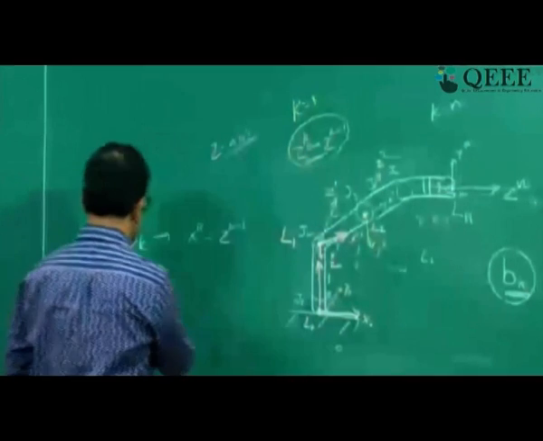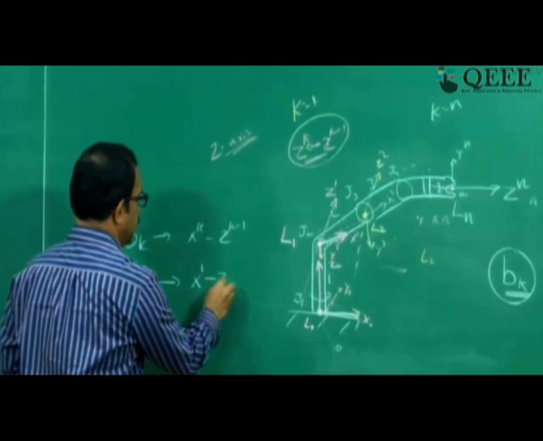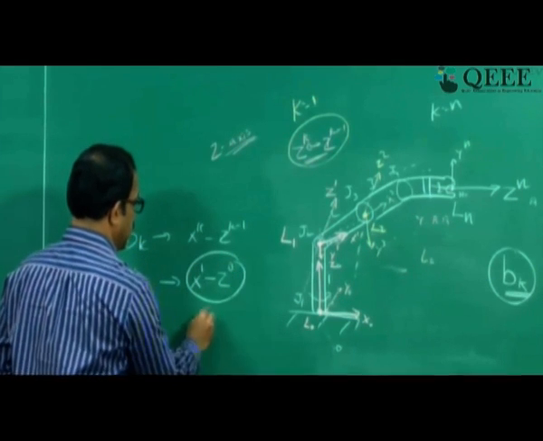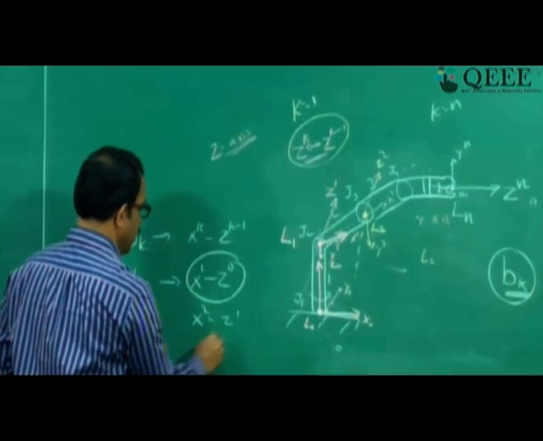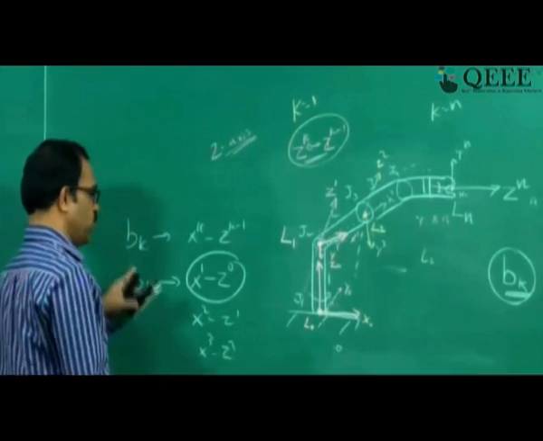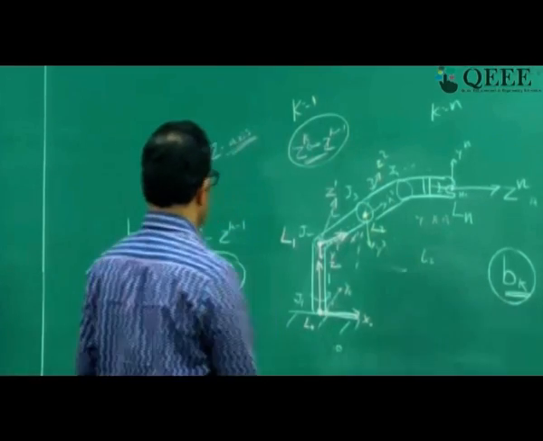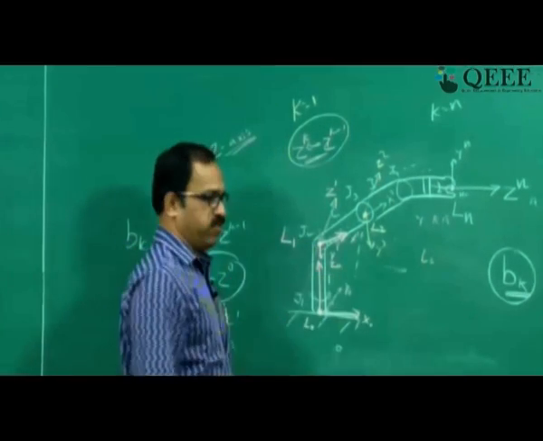So the point b1 will be the intersection of x1 and z0. Similarly, x2 and z1, x3 and z2 will be identified. So b1, b2, b3, etc. will be identified. Now look at this assignment of coordinate frame.